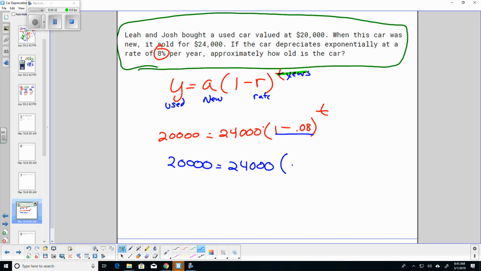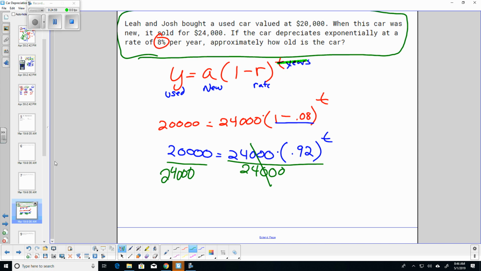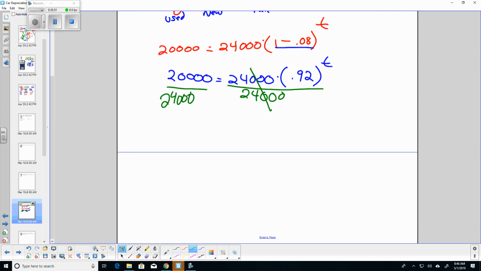The next thing I like to do is get rid of this 24,000. I like to divide by 24,000 on both sides, because I know that these will cancel out. Now I'm in good shape, because I have 0.92 raised to the T power equals whatever this is divided.